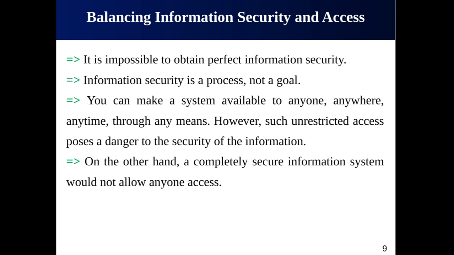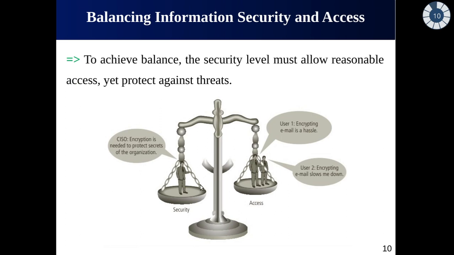And to achieve the balance, we need to design the information system in such a way that will satisfy the authorized user and the security professional. The security level must allow reasonable access, yet it must protect against different types of threats. And here is a brief explanation of the concept of balancing security and access.